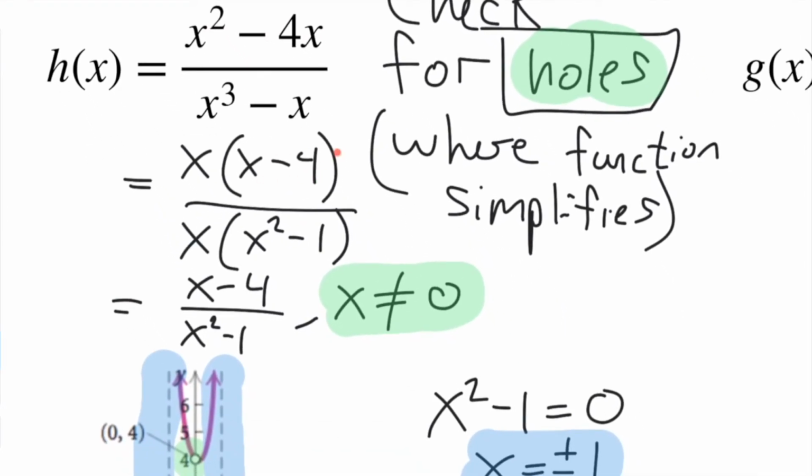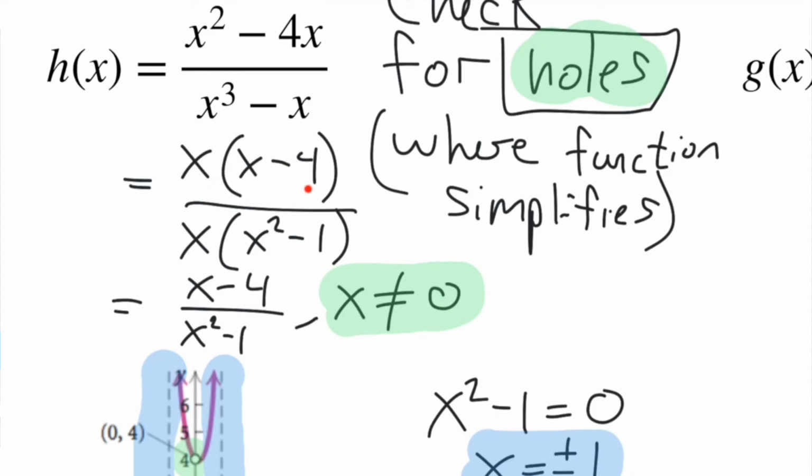This is x minus 4 over x squared minus 1. But this function is not the same as this function, because in this function, you can't actually put 0 in for x. You'll get a 0 in the denominator, and it'll be undefined. In this simplified version, if you plug 0 in, you actually get a value out. It's fine. It's not a big deal.